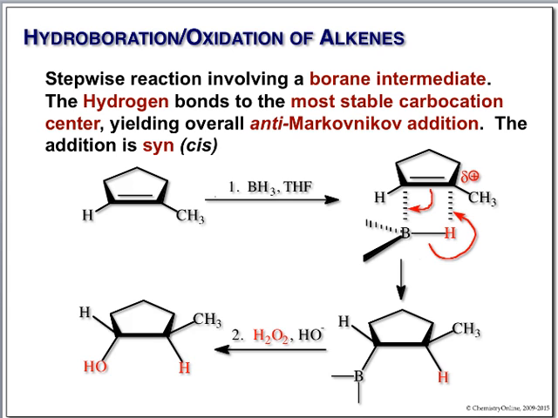Peroxide, you don't need to know the mechanism. It's in the book if you'd like to look. Peroxide will add to the boron. Again, you get a concerted rearrangement. The oxygen swaps with the boron, and we wind up with the alcohol. This is syn or cis addition because these things happen on the same side of the alkene pi system. They slip, one goes one way, one goes the other at the same time.